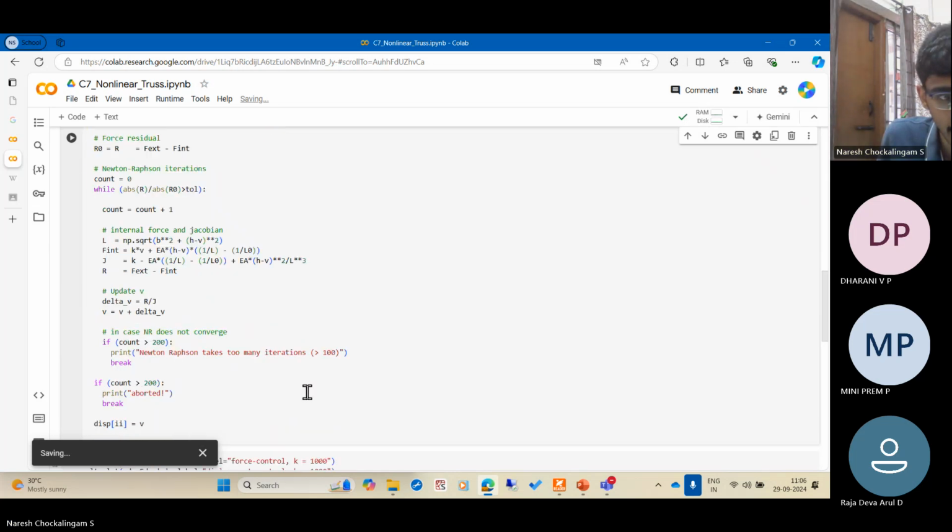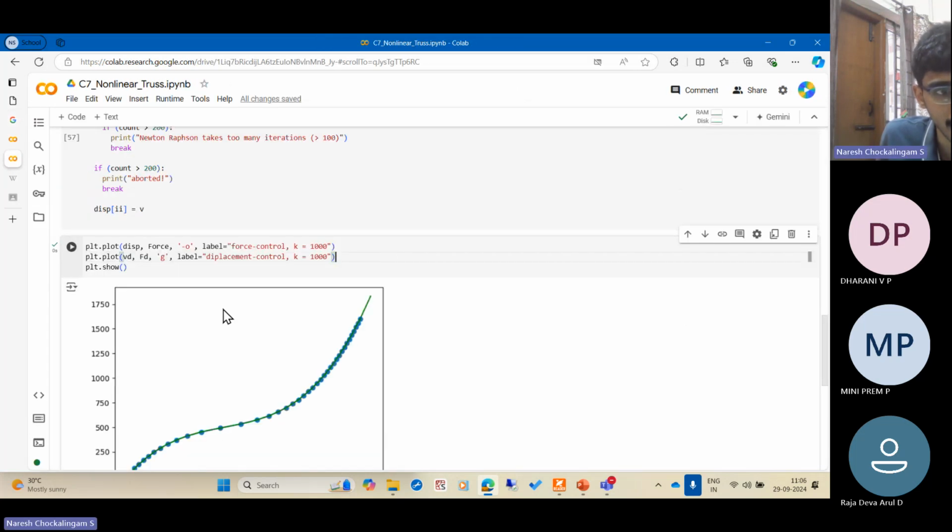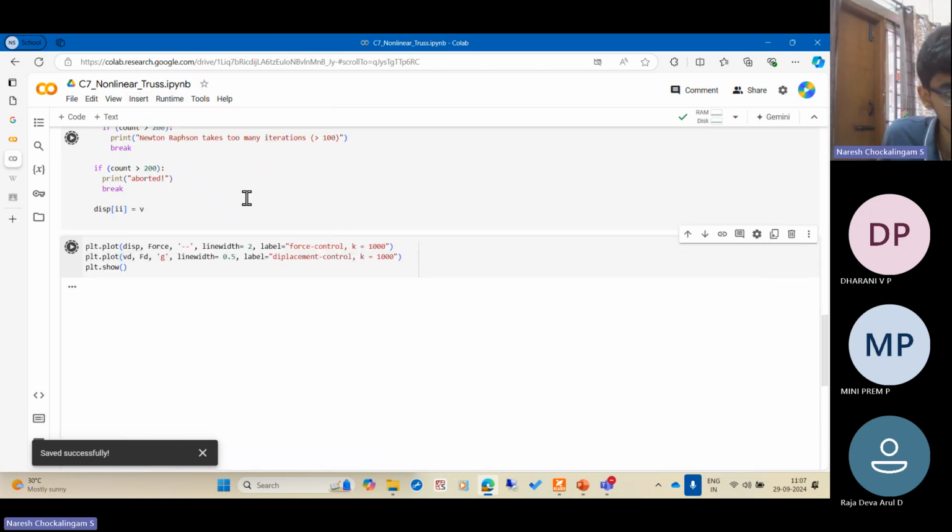I'll also have both curves, but the first one I'll make a dotted line and thicker, with line width 2, and the second curve I'll make a thinner line, line width 0.5, so that even if it is second, it will be visible. Now let us run again.